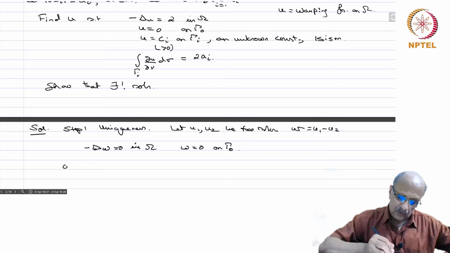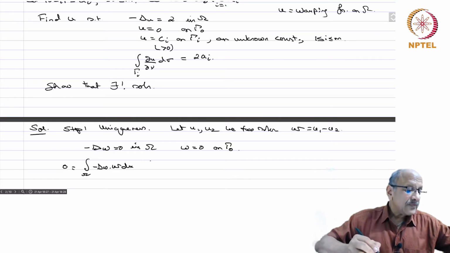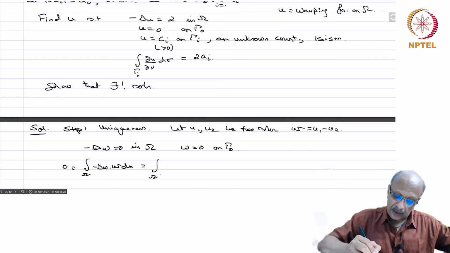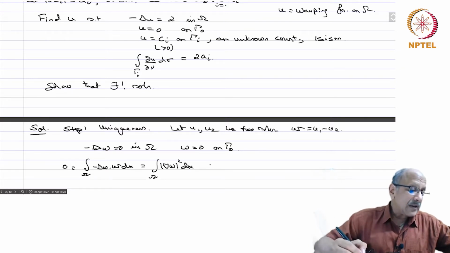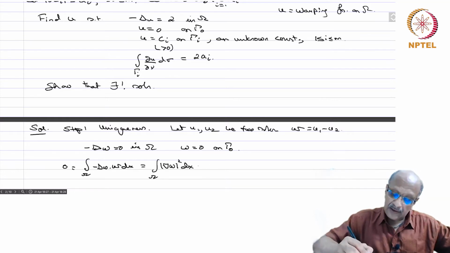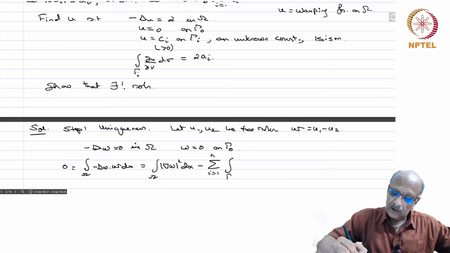Okay, so 0 equals the integral on omega of minus Laplacian w times w dx, and that's equal to the integral on omega of mod grad w squared dx. There is no integral on gamma naught, but there is an integral on gamma I. So minus the sum, I equals 1 to m, of the integral on gamma I of w dw by d nu d sigma.